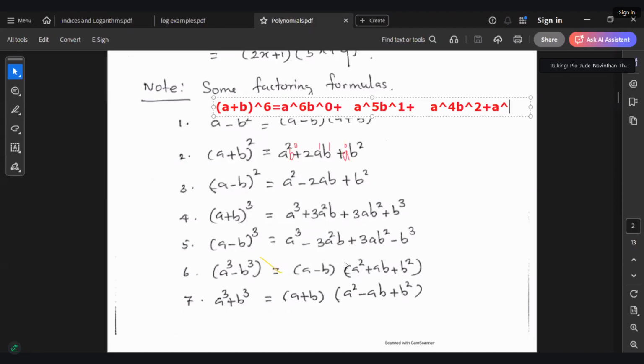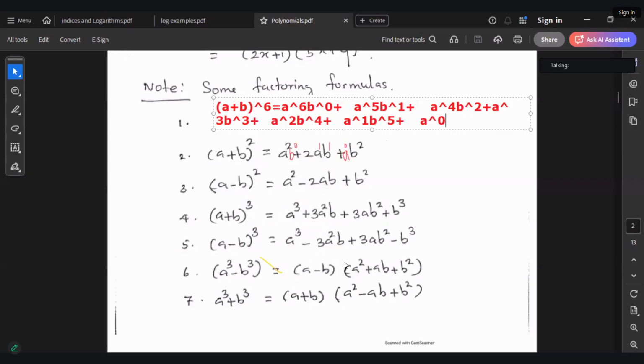A3, B3, plus some value. A2 into B, increasing now, plus some value, into A1, B5, plus something.